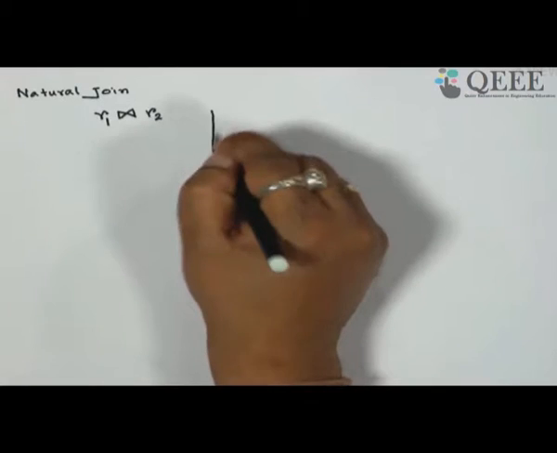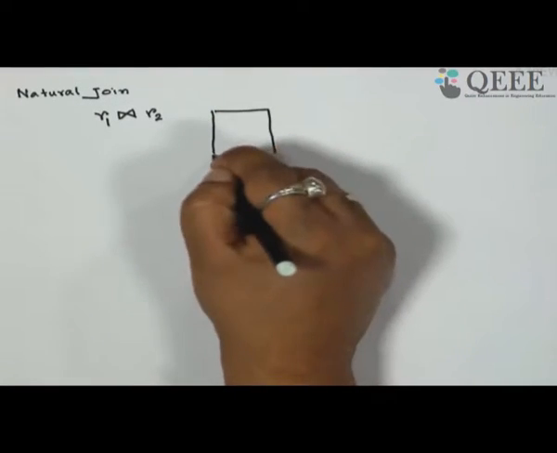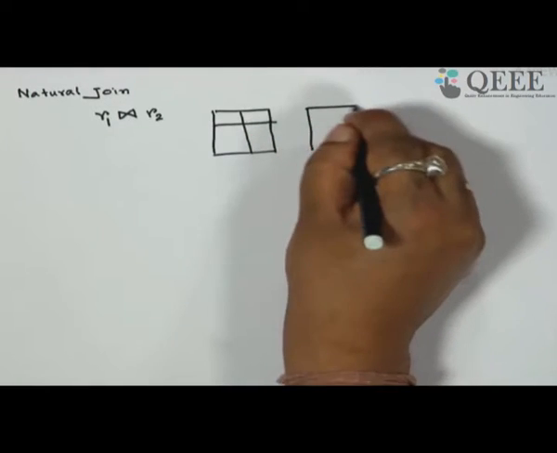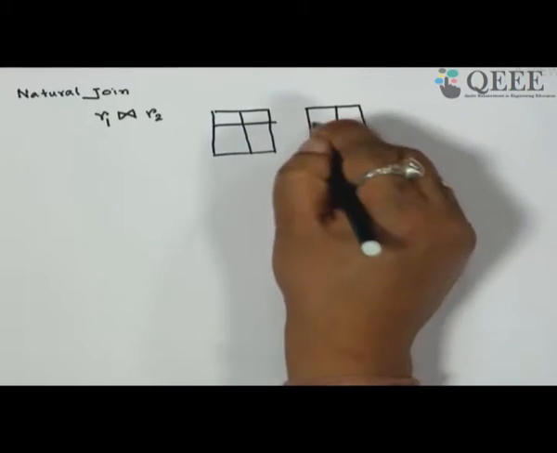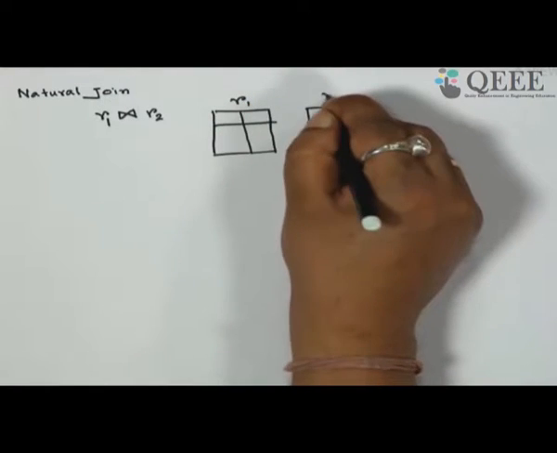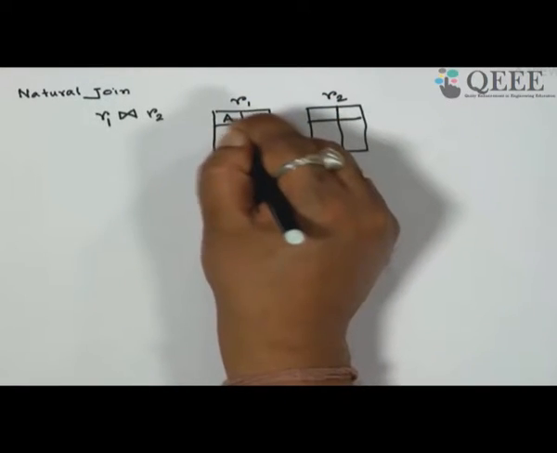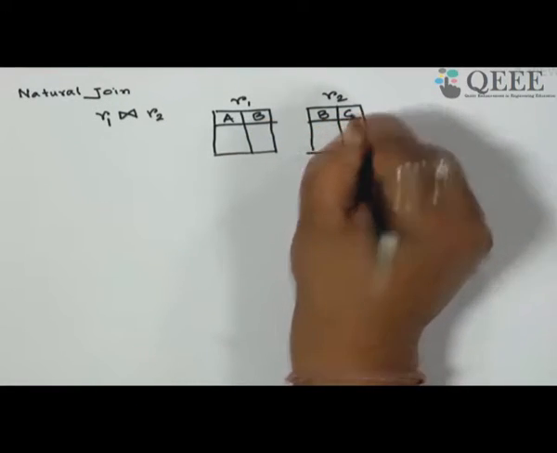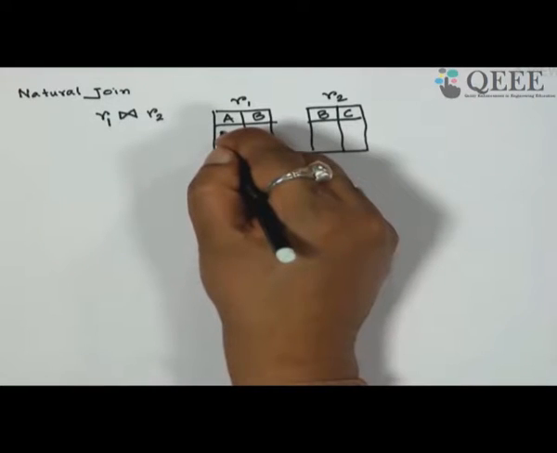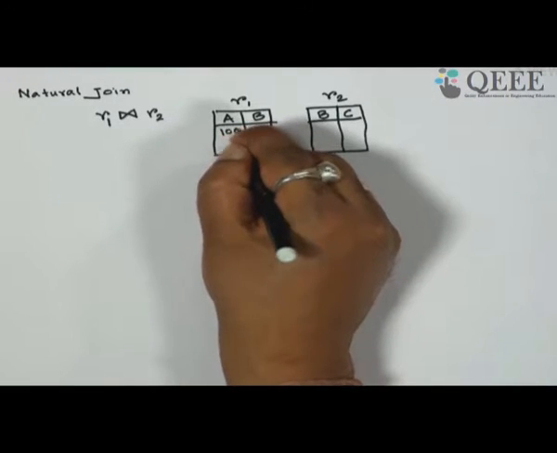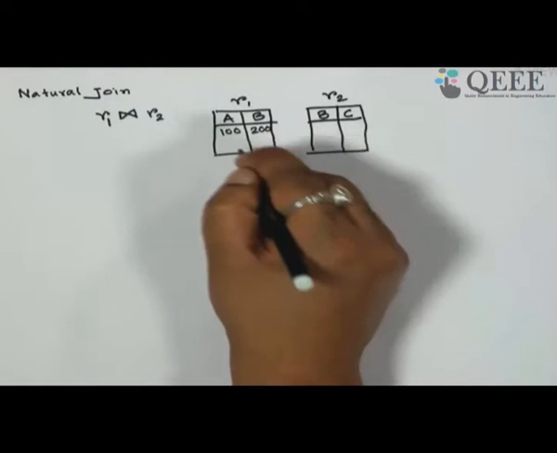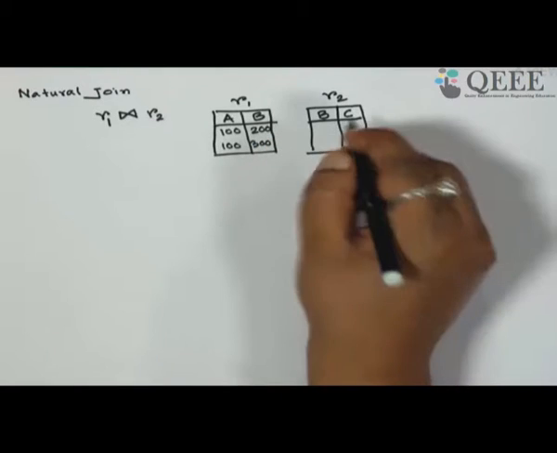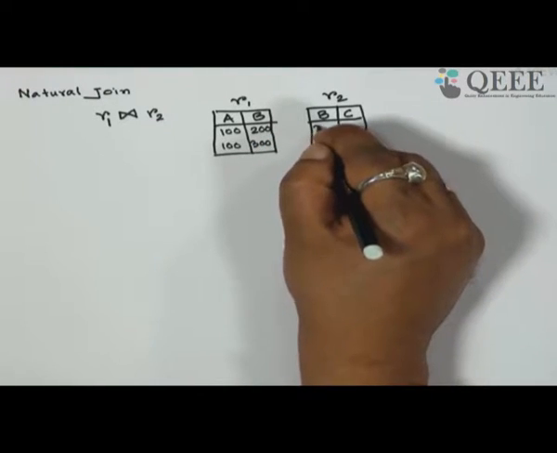Say for example, let me take two relations, R1 and R2. R1 has attributes A and B. R2 has attributes B and C. R1 has these tuples and R2 has these tuples.